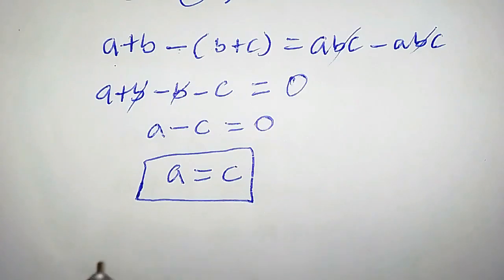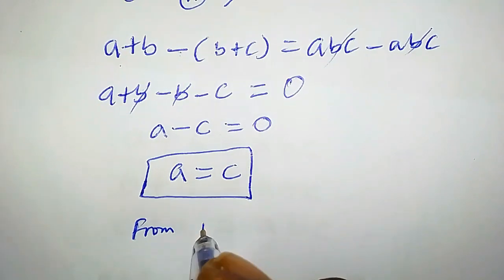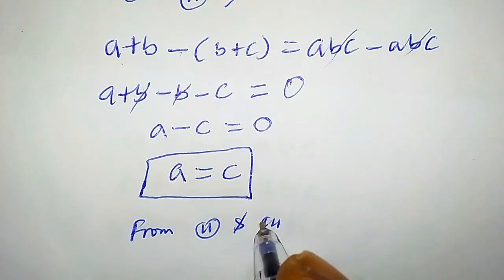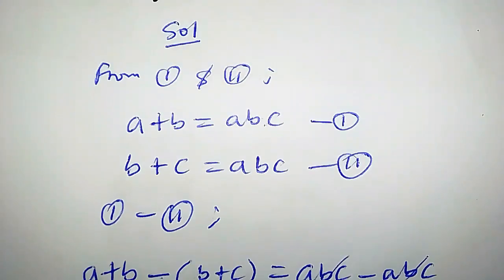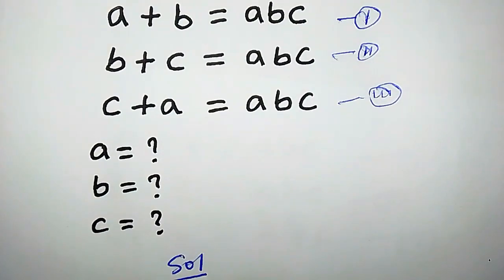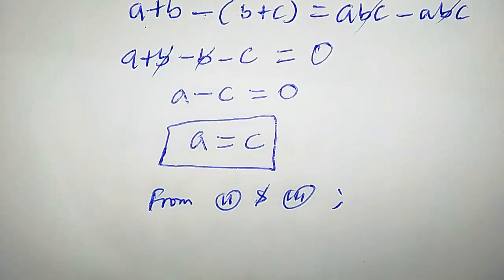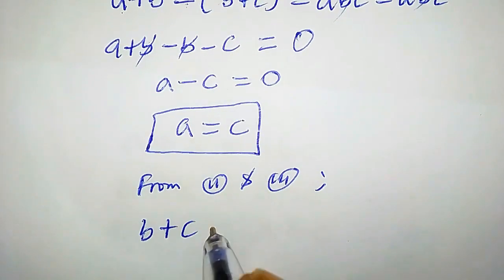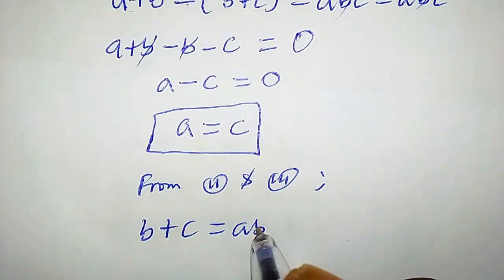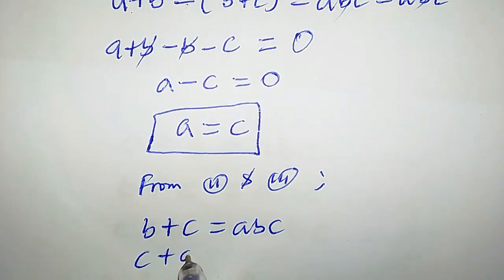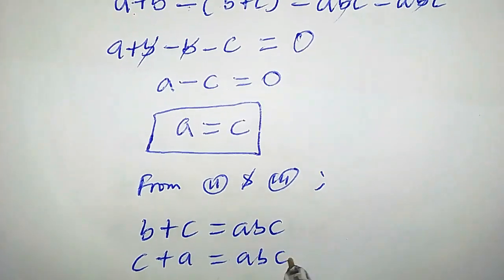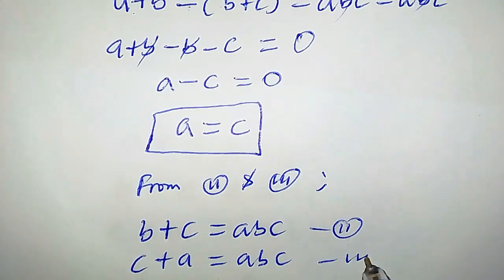Now, from equation 2 and equation 3, what do we have? This is equation 2 and this is equation 3. So we have b + c = abc and c + a = abc.